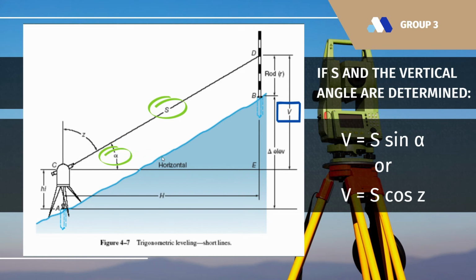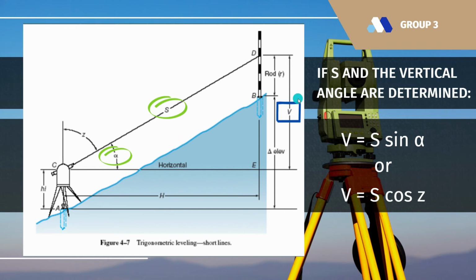Identifying them will make it easier for us to understand the formula because the concept of SOHCAHTOA is applied. As we can see, V is the opposite and S is the hypotenuse. And the vertical angle is here. So, since we are applying SOHCAHTOA, sine is equal to opposite over hypotenuse.